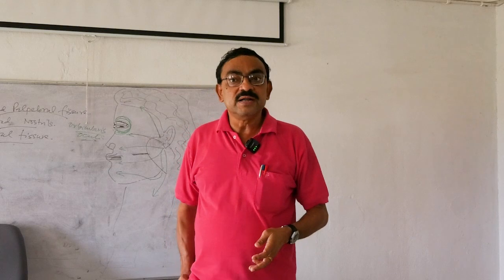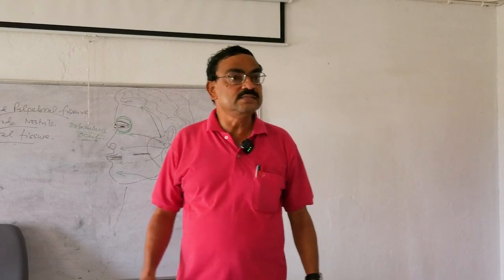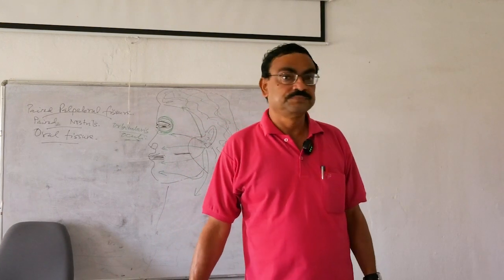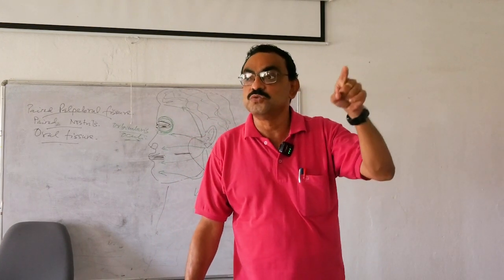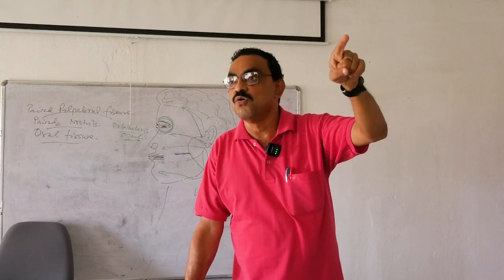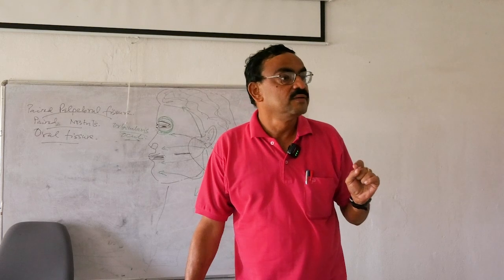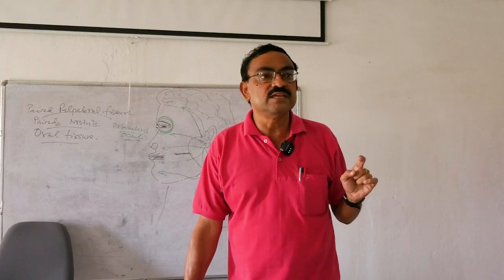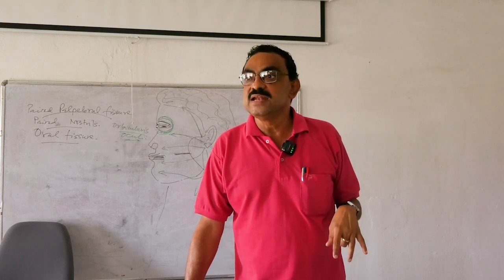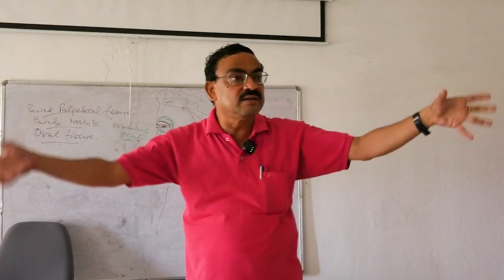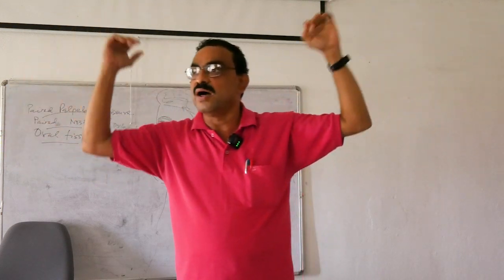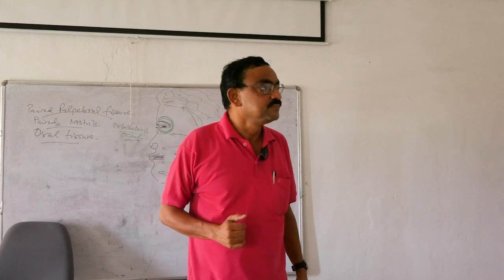That cavernous sinus is intimately related with some cranial nerves: third, fourth, fifth, that means the oculomotor, the fourth, trochlear, the ophthalmic division of the trigeminal, and also the maxillary division of the trigeminal. They are in close relation to the lateral wall of the cavernous sinus.